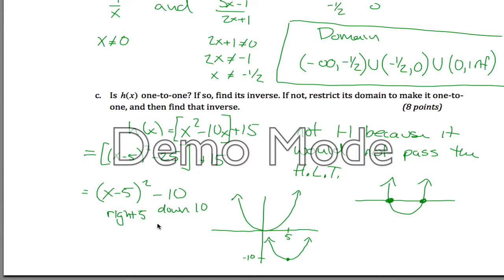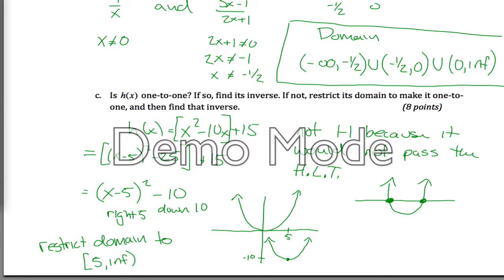So in order to restrict its domain to make it 1-to-1, what I need to do is restrict the domain to everything from 5 up to infinity.